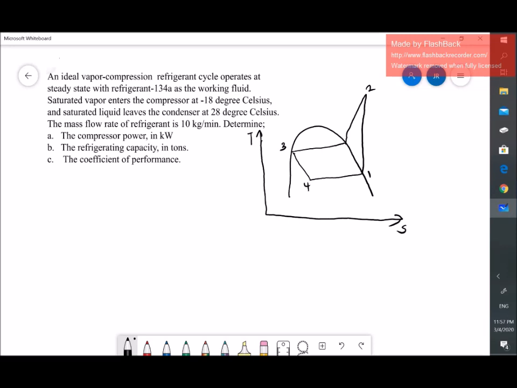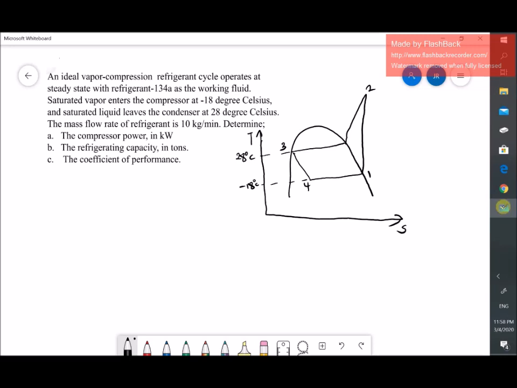At the compressor, which is at this point, the temperature is negative 18 degrees Celsius. Then at the condenser, the temperature is 28 degrees Celsius. So most times you'll be asked to represent the information on a TS diagram.